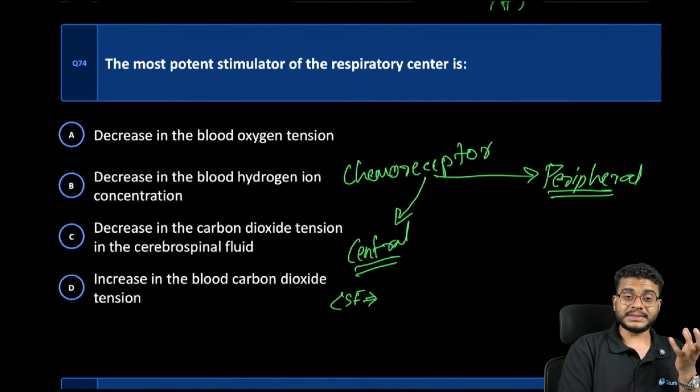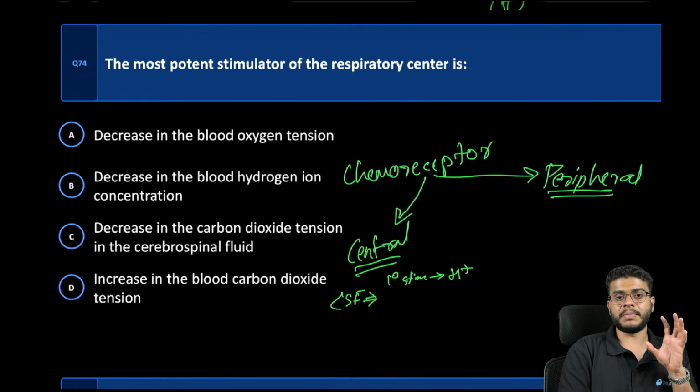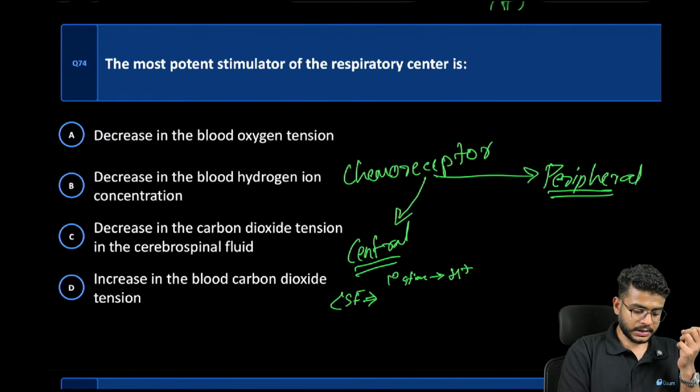In central chemoreceptors, the primary stimulus is actually hydrogen ions, but the hydrogen cannot pass the blood-brain barrier and enter the CSF. So, who can cross?